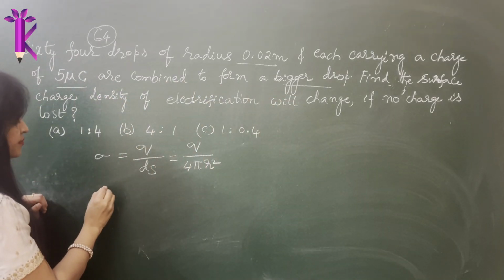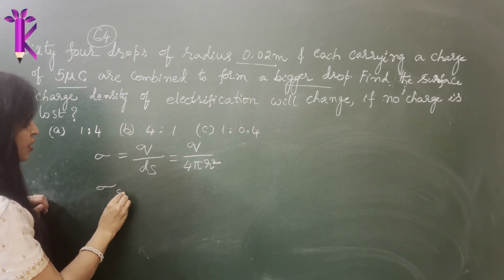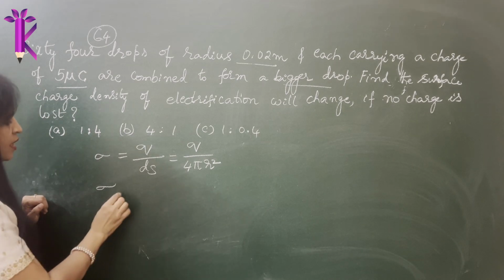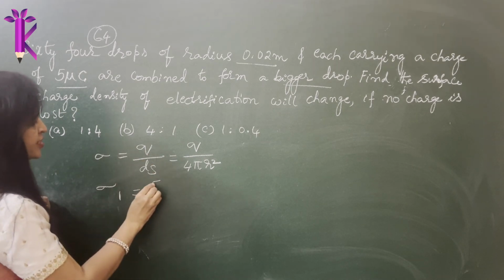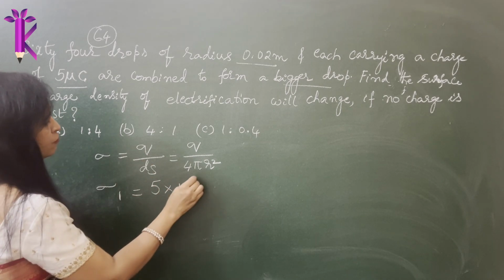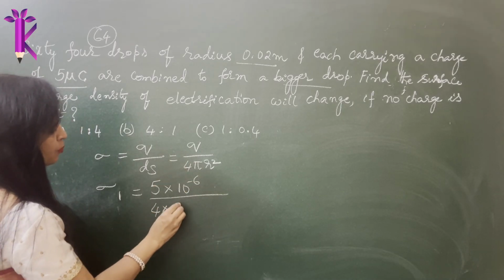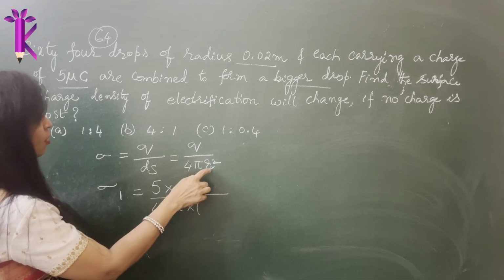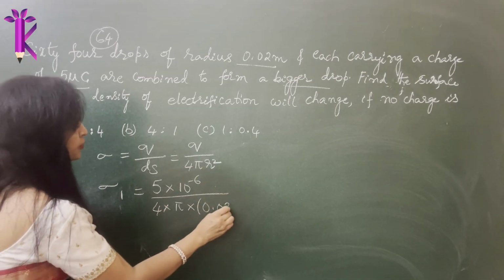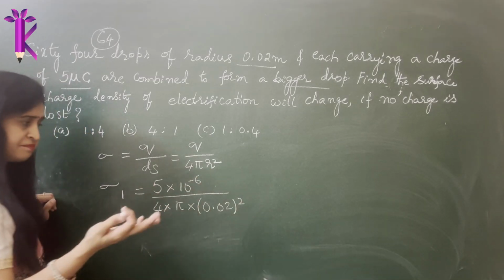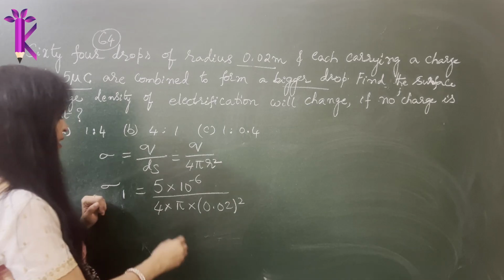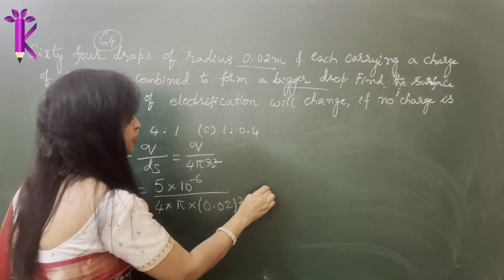So what is the surface charge density of the small sphere? Let's call it sigma 1. It will be Q, which is 5 into 10 power minus 6, divided by the surface area, 4 into pi into 0.02 the whole square, right? Now, what is it for sigma 2, the bigger drop?